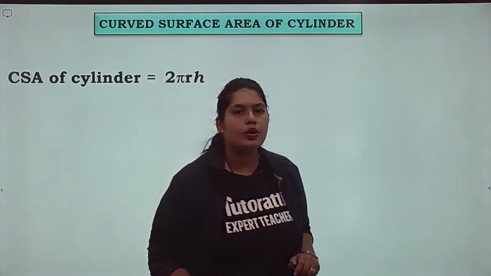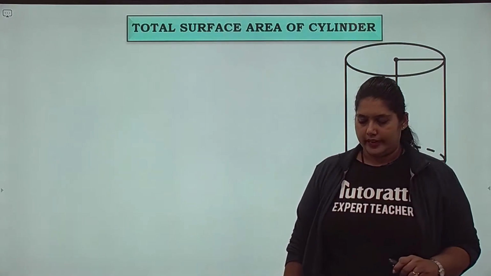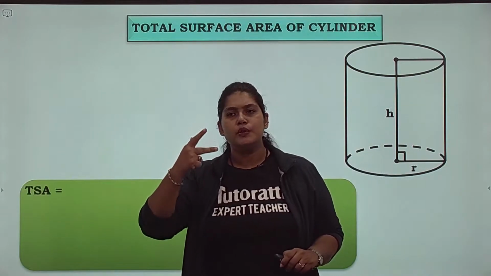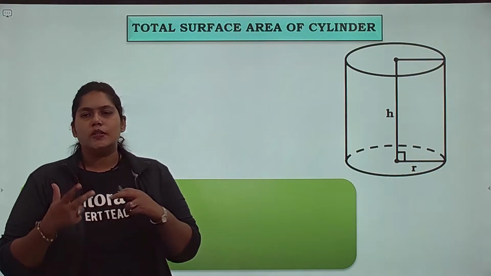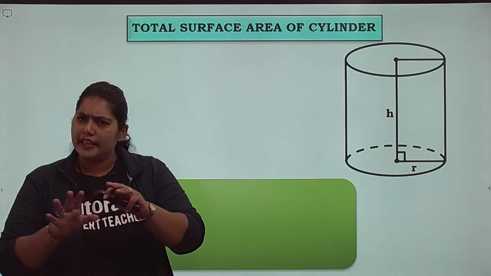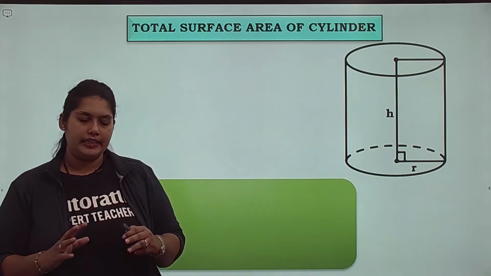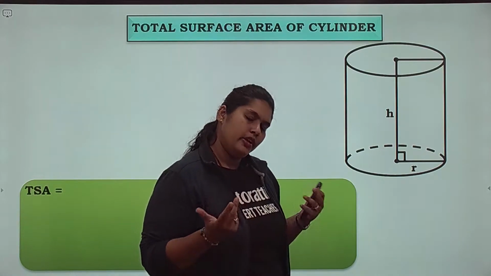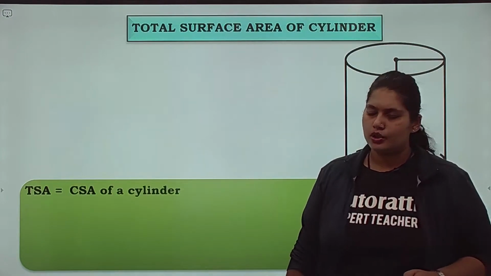Now, let's go ahead and understand the total surface area, right? Now we have got two circles, one at the top and one at the bottom. जब दो सर्कल्स हैं और दोनों इक्वल हैं तो किसी एक सर्कल का एरिया निकाल के अगर हम उसको डबल कर देंगे तो हमारा काम हो जाएगा, है ना? तो टोटल सरफेस एरिया क्या हो जाएगा?